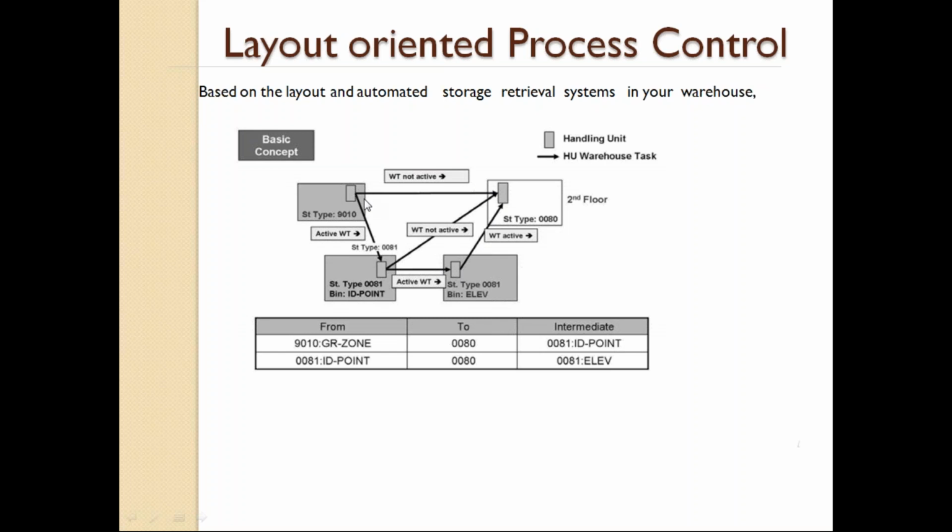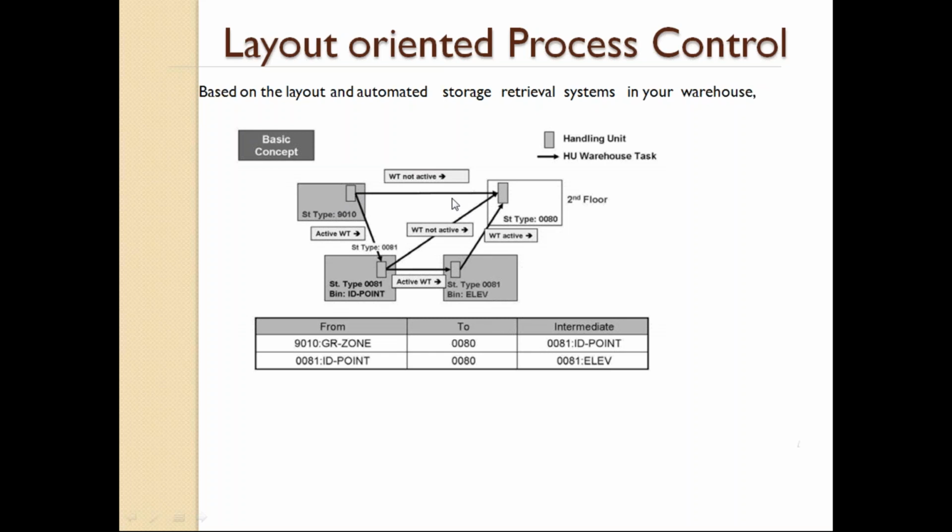This movement, layout oriented storage control, is not dependent on anything else. It's just dependent on the source and destination. We say if it is moving from here to here, go via this. That's it. It can be between your picking and packing bin.